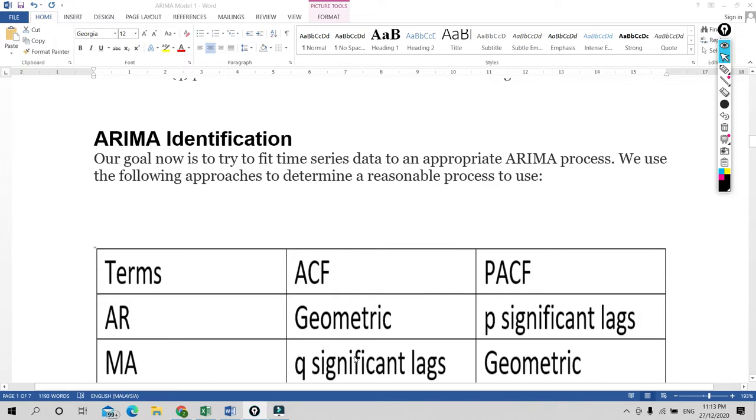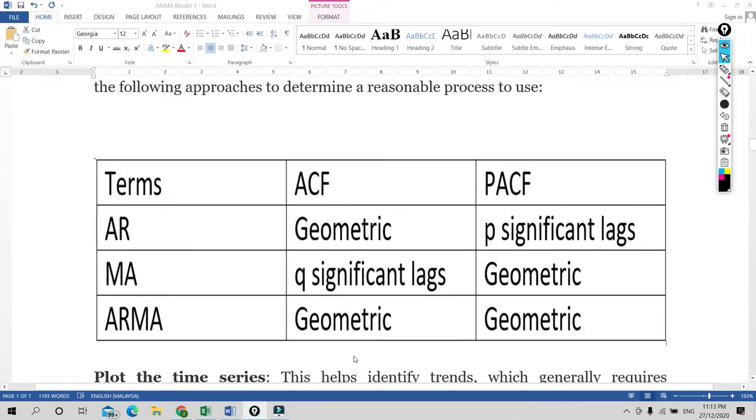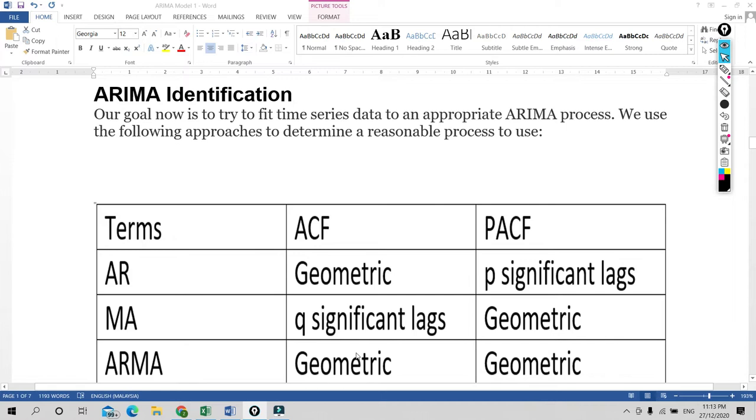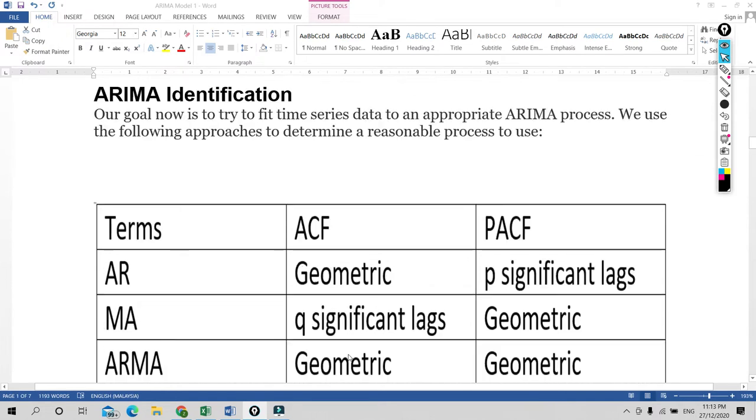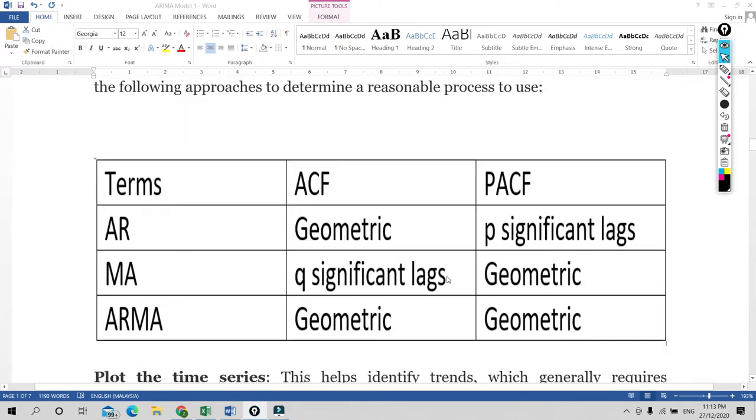So how to identify the ARIMA model? ARIMA is also referred to as the ARMA model; before we can refer to ARIMA, we have to refer to ARMA. For the ARMA model, you have to find your ACF and PACF.